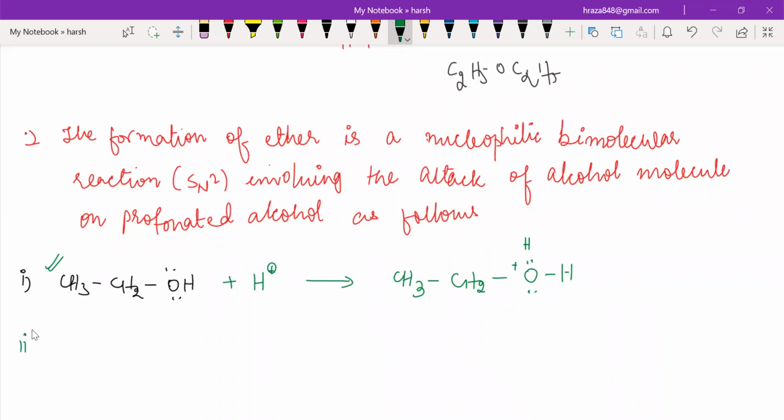Now, the second step takes this as reactant. So what happens here?